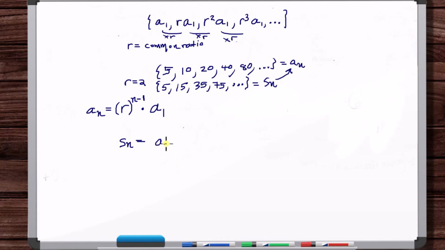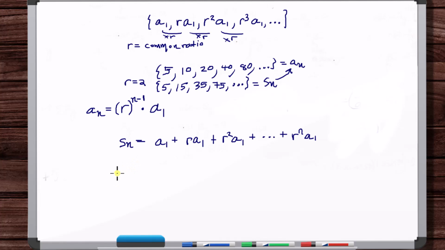So a1 plus r a1 plus r squared a1. It's always a1. Plus, okay, then the nth term would be r to the n a1, okay?